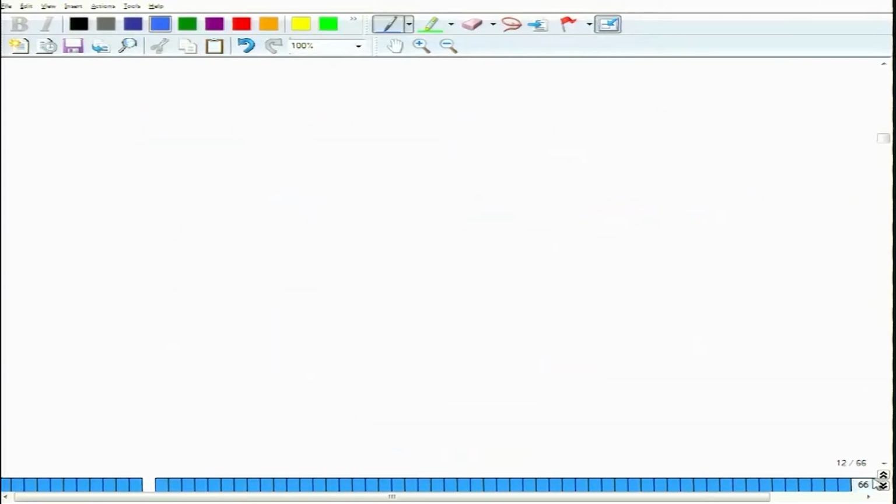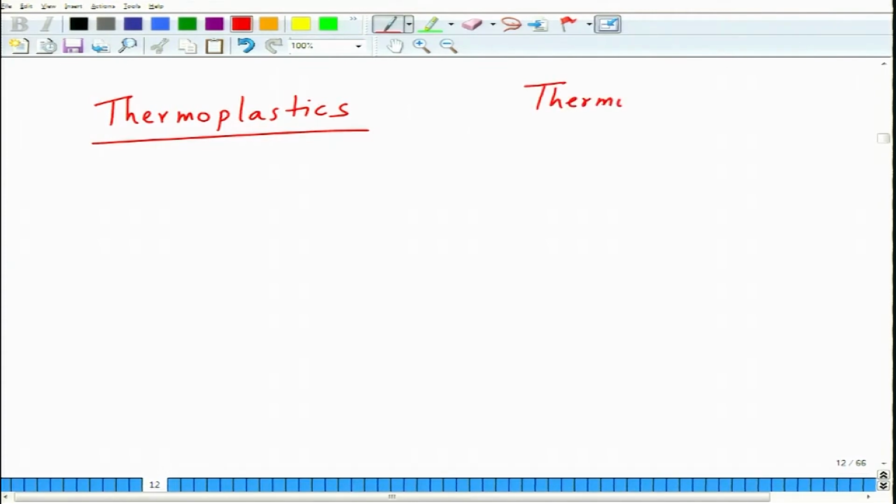Let me now define polymers. These polymers are typically characterized into two categories. The first category is known as thermoplastics, and the second category is known as thermosets. Thermoplastics can be softened.